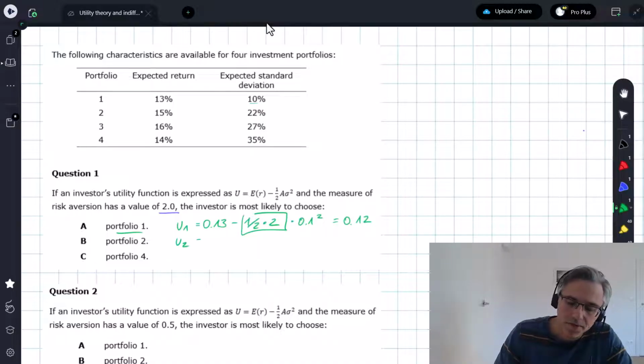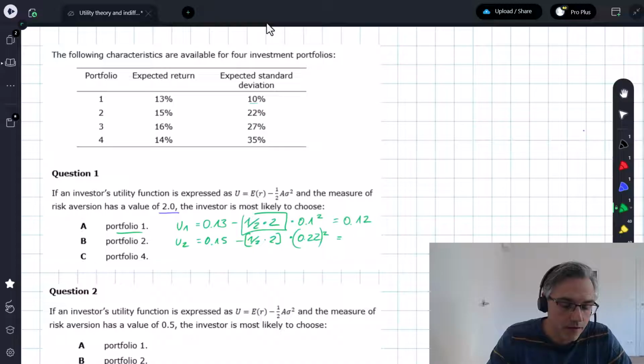For the second one, U2, utility 2, 0.15 minus, same story, half times 2, which simplifies to 1, multiplied by 0.22 squared. Okay, let's see.